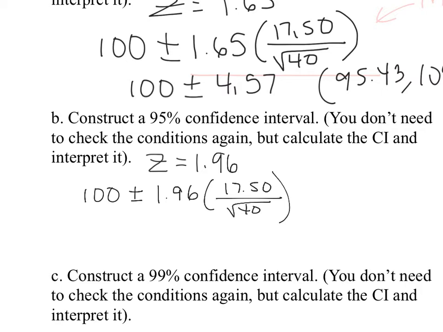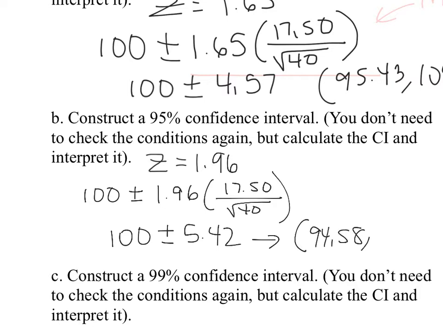Solving for the margin of error, we get 100 plus or minus 5.42. The range is 94.58 through 105.42. Notice briefly that the range of our initial 90% confidence interval is smaller than the range for our 95% confidence interval.